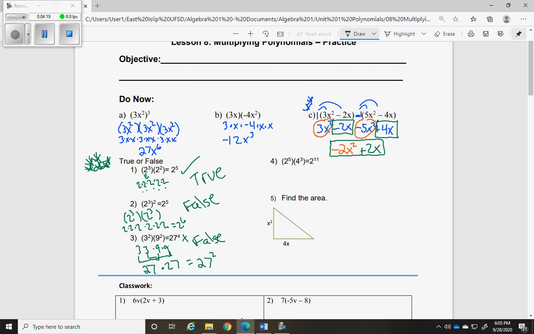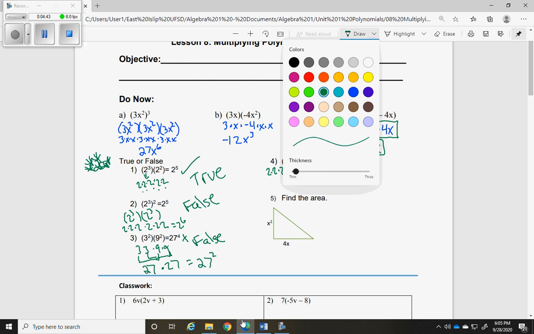What about number 4? Well, if I expanded the problem that they gave me, I'd get 2 times 2 times 2 times 2 times 2 times 4 times 4 times 4. And I definitely don't see a 2 being used as a factor 11 times. But there is something you should recognize.